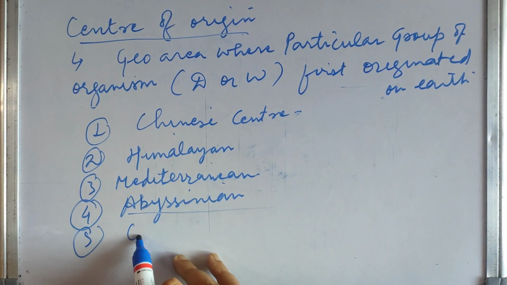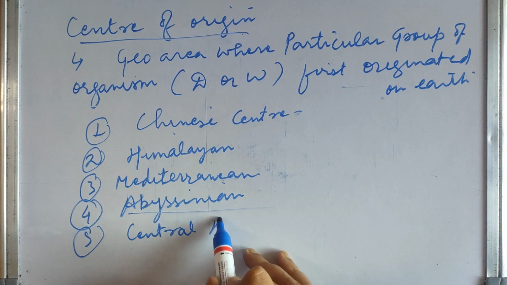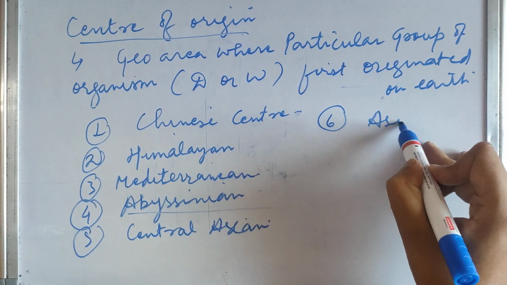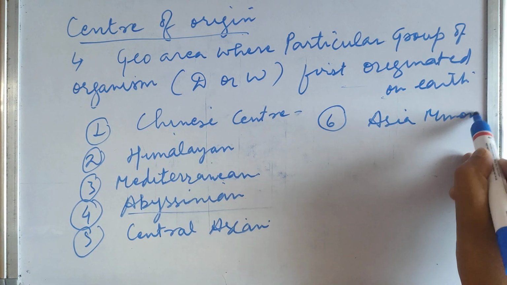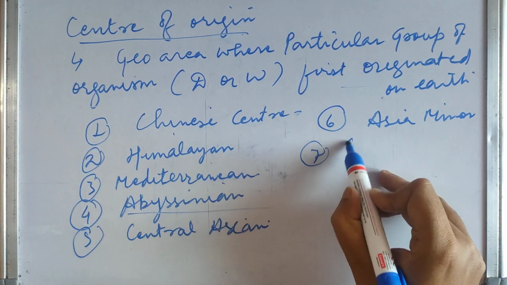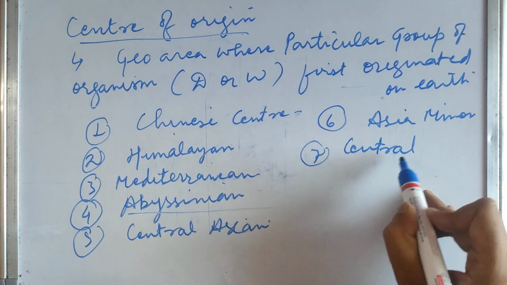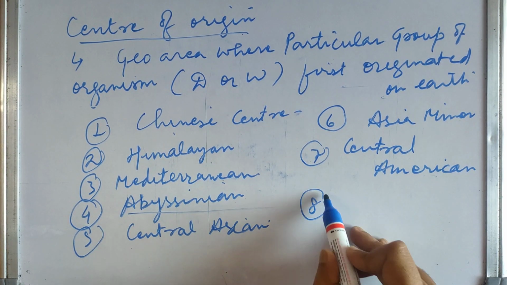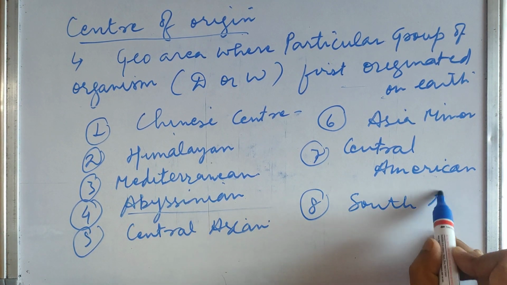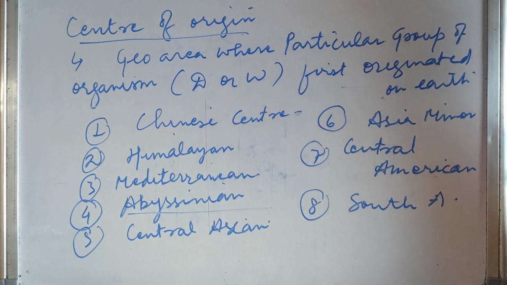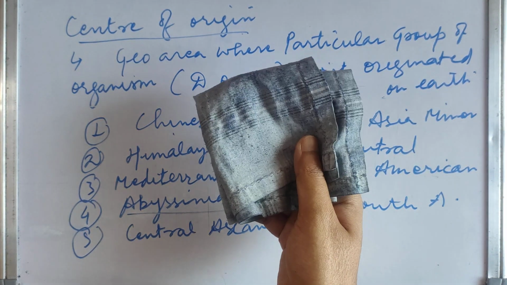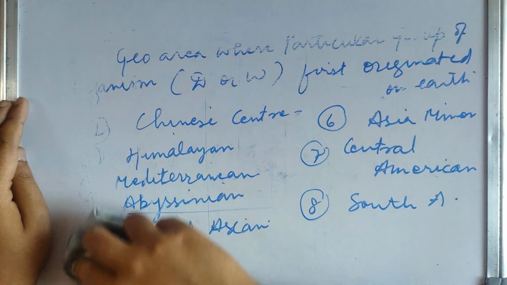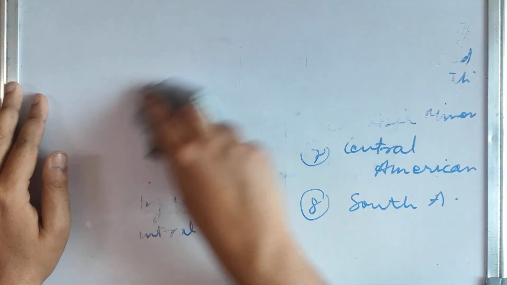Fifth one is Central Asian center. Sixth one is Asia Minor center. Seventh one is Central American center. And eighth one is South American center. So these are the 8 centers. Hope you understand what center of origin is.